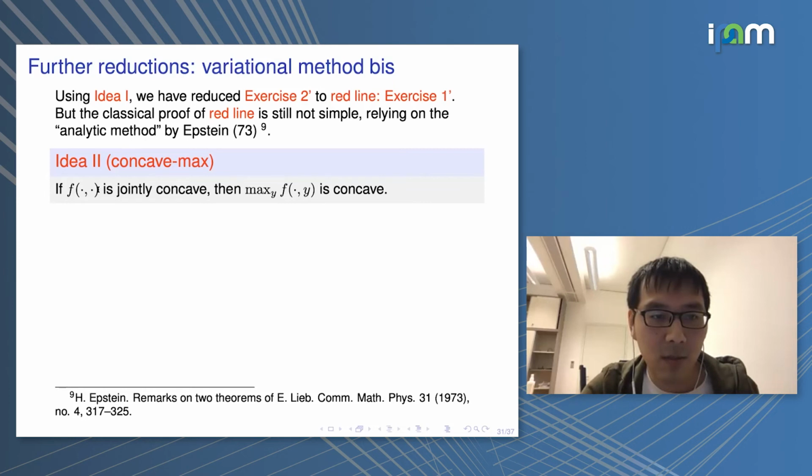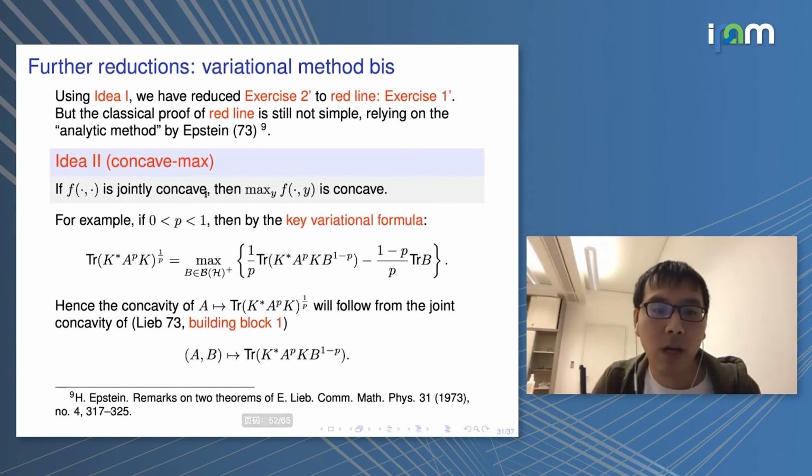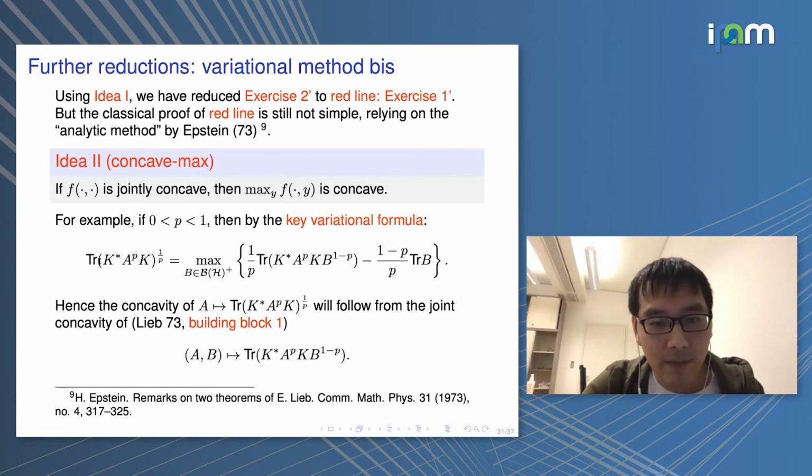So the second idea tells you that whenever a two variable function f is jointly concave, then the maximum over the second variable is concave as a function of the first variable. So with additional conditions, we can prove the concavity using maximum formulas. For example, whenever p is between 0 and 1, we have this variational formula, this maximum formula.